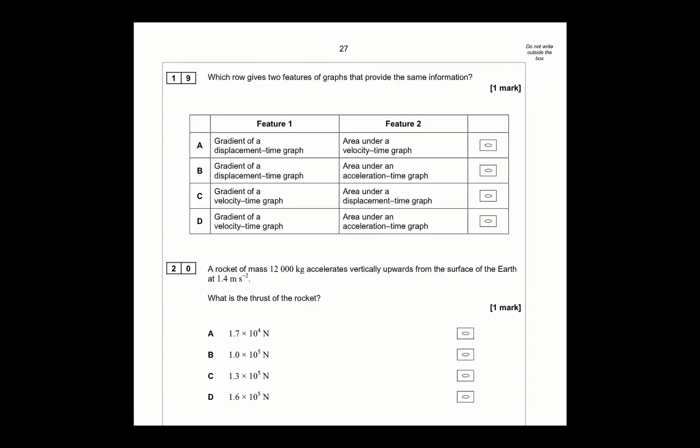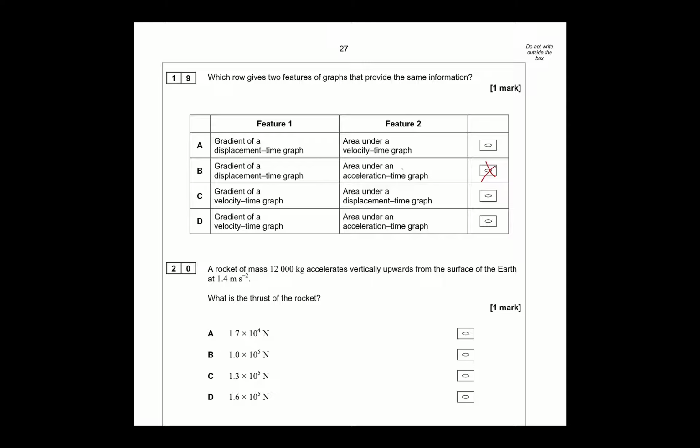Which row gives the features of graphs that provide the same information? The gradient of a displacement time graph. No. Gradient, because that is velocity. Gradient of a displacement time graph. Area under an acceleration time graph. That's it right there.